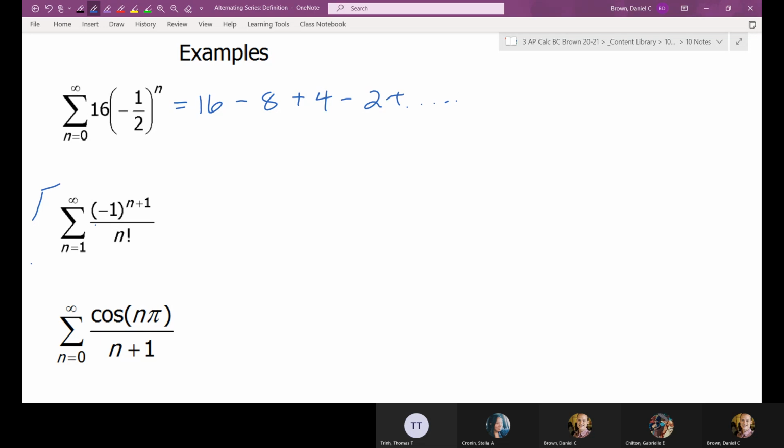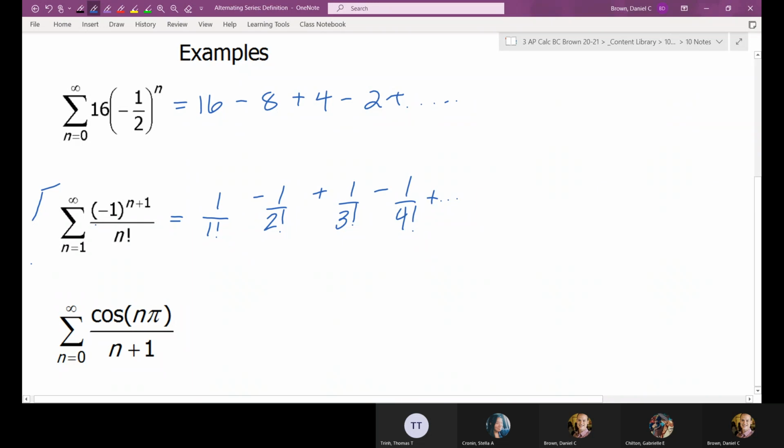So if I'm looking at this series, plugging in 1 for n where we're starting at, that makes 1 plus 1, 2. So that numerator will be positive 1, switches to negative 1, positive 1, negative 1, and then the denominator is doing its own thing. And of course that would continue forever as well.